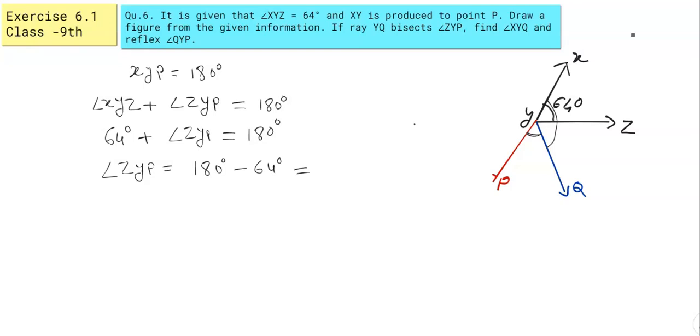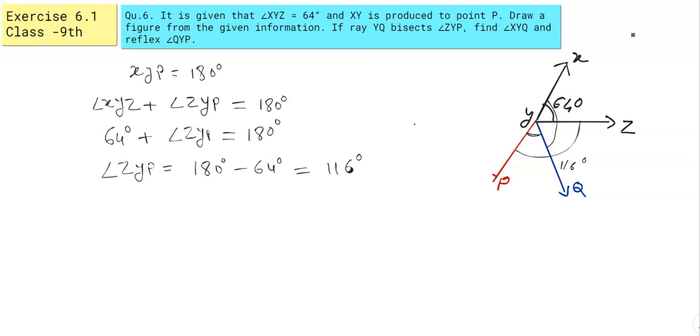So the value is 116 degrees. This ZYP portion is now 116 degrees. So what does this mean for ZYQ and QYP? YQ is bisecting this angle ZYP, so this portion will be equally divided.